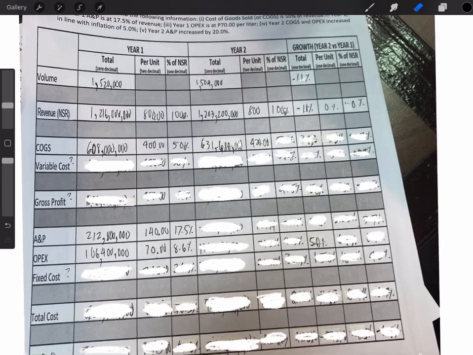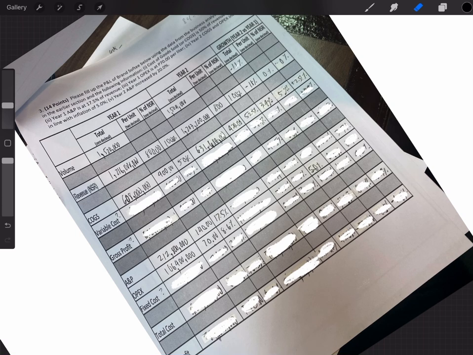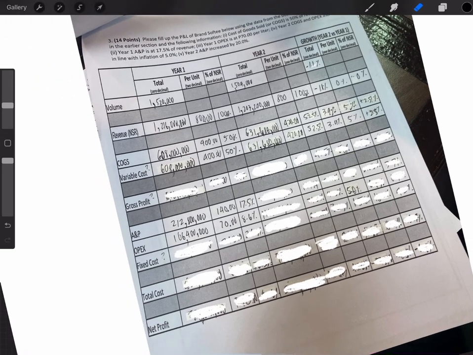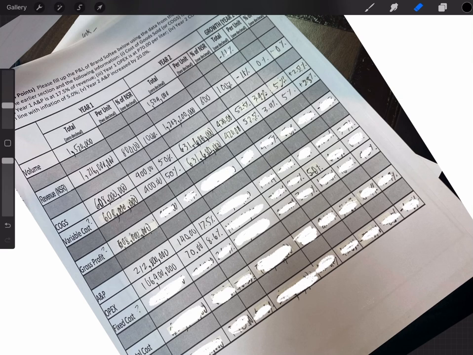Then the cost of goods sold over the revenue is going to give us the percentage of net sales revenue. These are just gross percentages, so I'll assume we did that. Variable cost is where the big assumption is made. Basically, it hopes that it's exactly the same as the cost of goods sold. And then the gross profit is basically our revenue minus the COGS. It's about half for the first time, but not always.